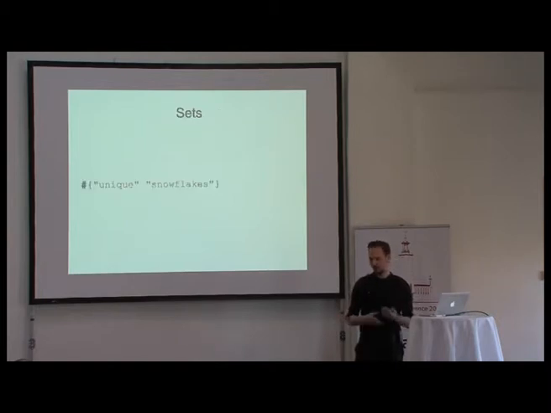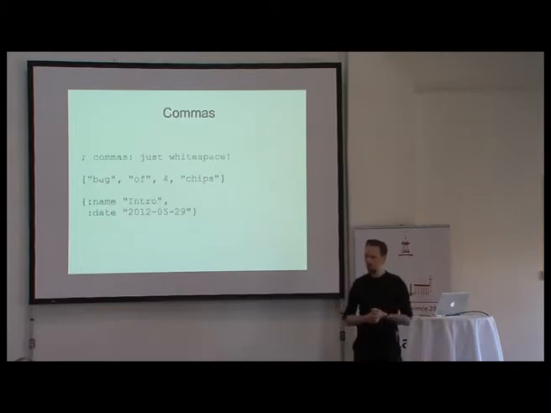You also have sets, where each item in a set has to be unique, so if you add a string unique to this again, you will get the same set back. And the difference is that you use a pound sign before the curly braces. You can use commas if you want to, but commas are just white space.